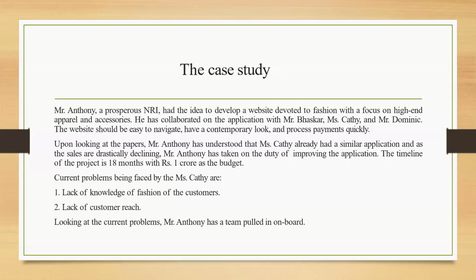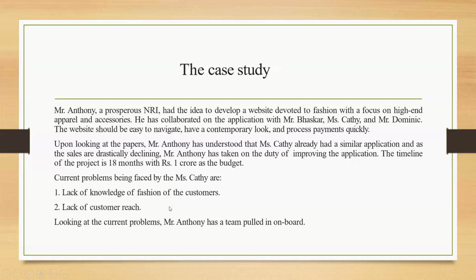Looking at the papers, Anthony understood that KIT has a similar application where sales are declining, so he thought of improving these applications. A project timeline and budget are given. They also discussed the current problems being faced by KIT.